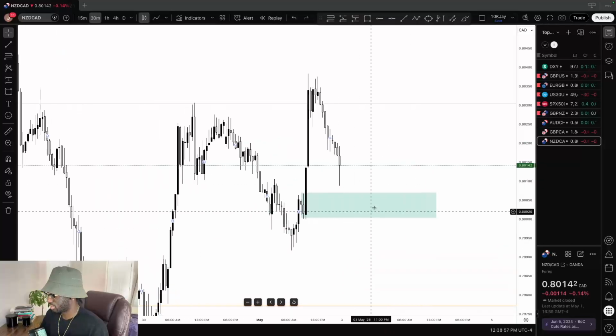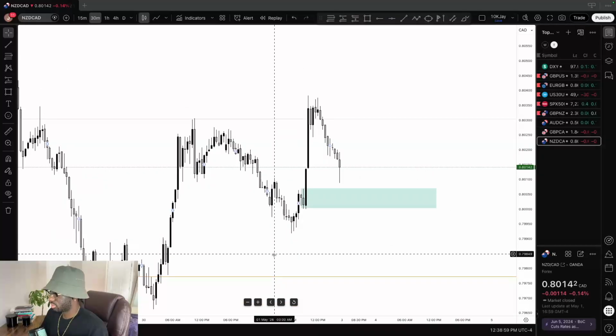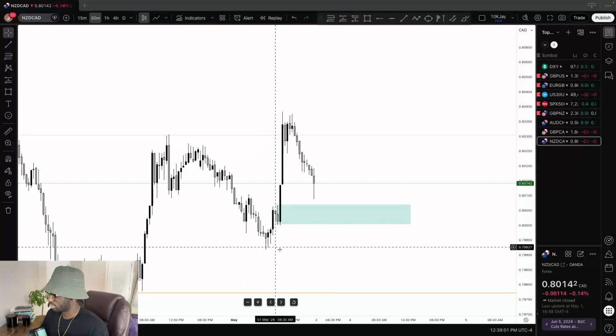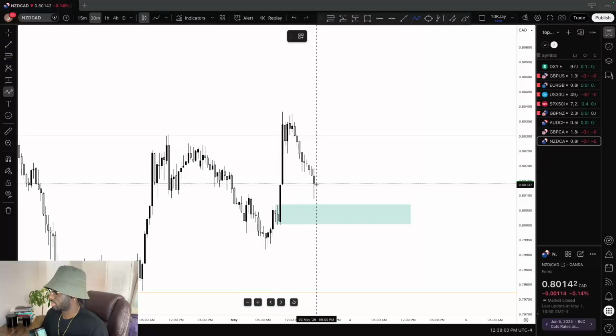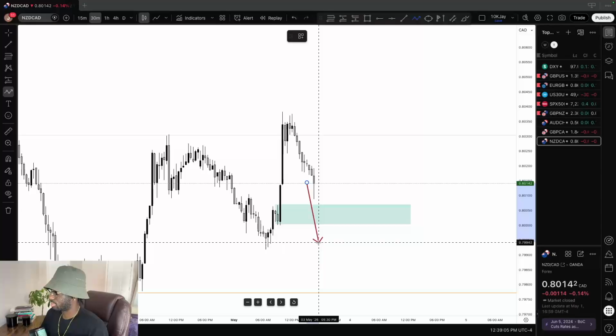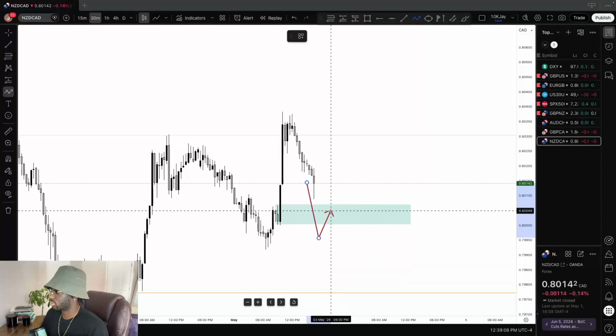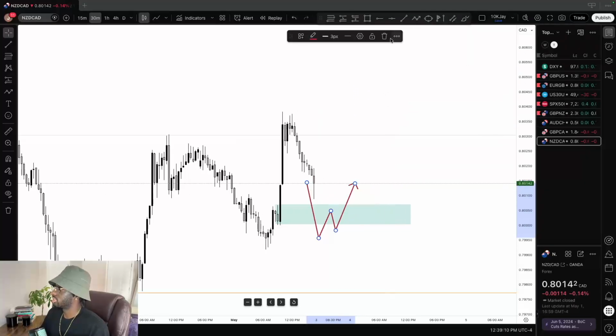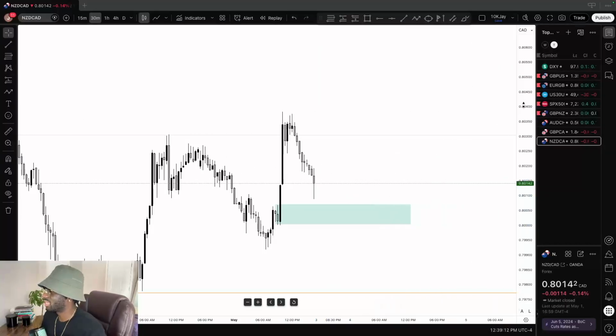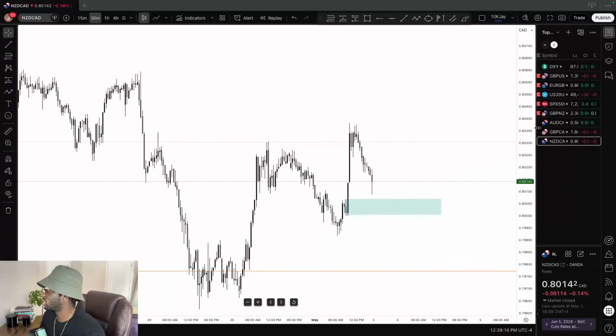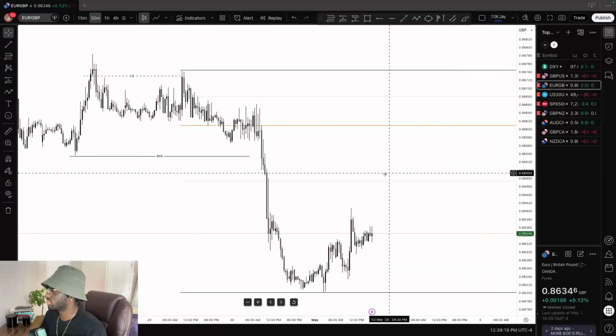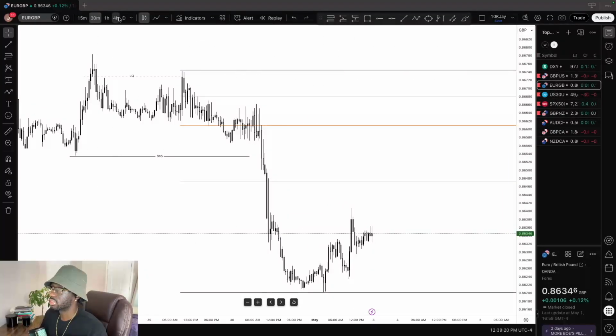But to be honest, I'm not really loving this trade, because we do have some liquidity down here. I think there's a high chance price comes down more and sweeps liquidity. Possibly continue up, but with my day trading, I only like to day trade the major pairs like GBPUSD, EURUSD, AU, stuff like that.